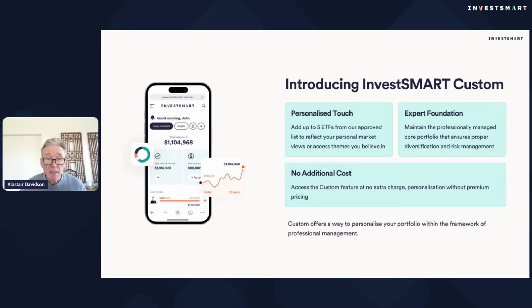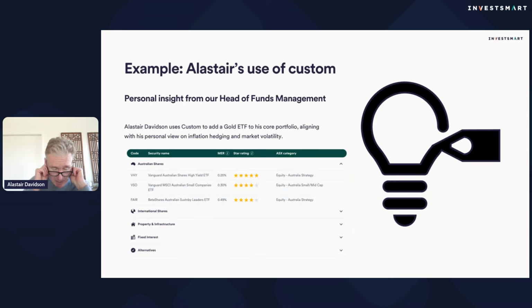So if you flick to the next slide, this is something that I've done. In mine, I've actually added two gold ETFs. There's the one issued by ETF Securities, which owns physical gold and trades effectively in line with the gold price.